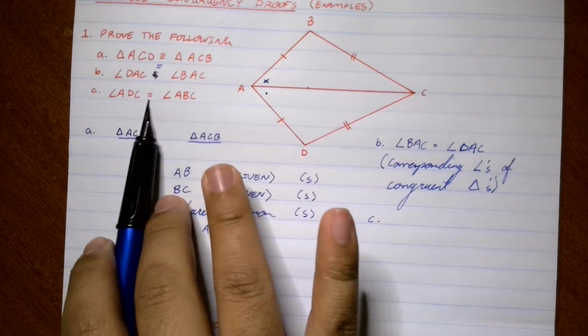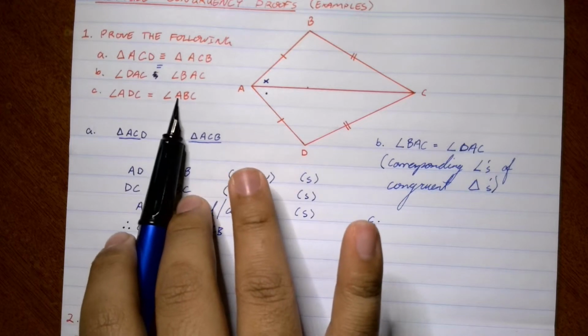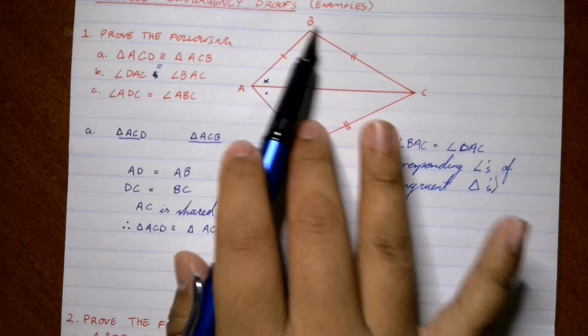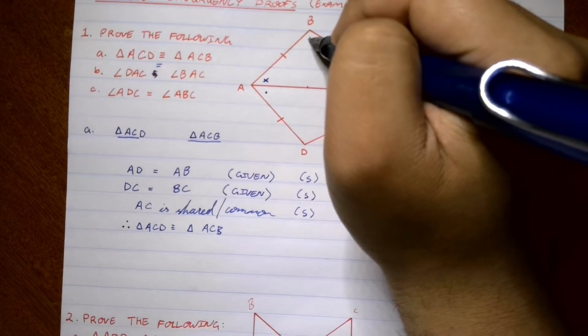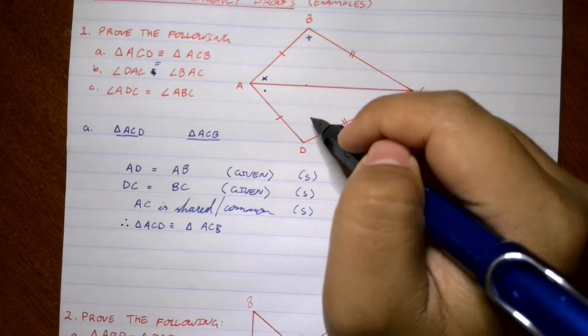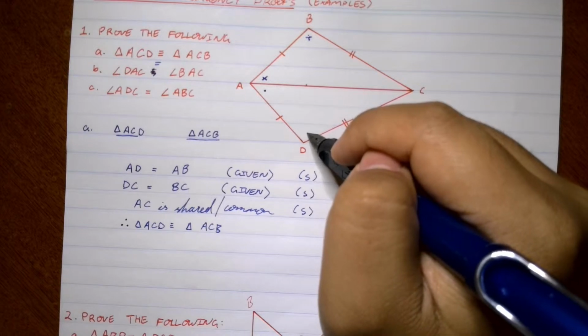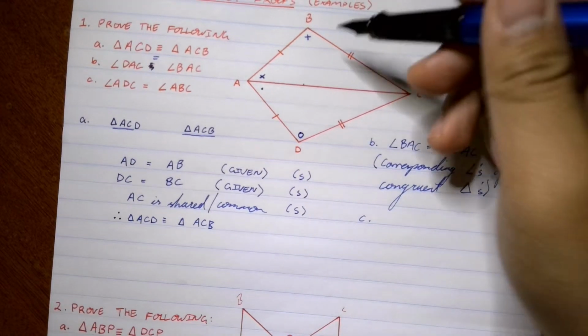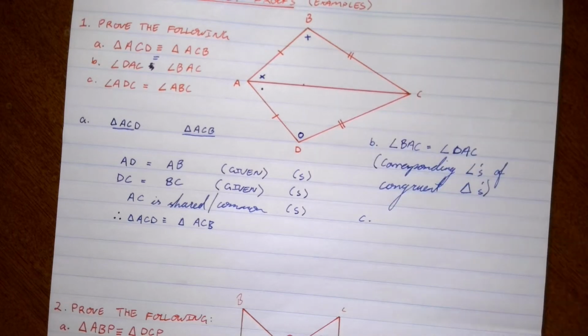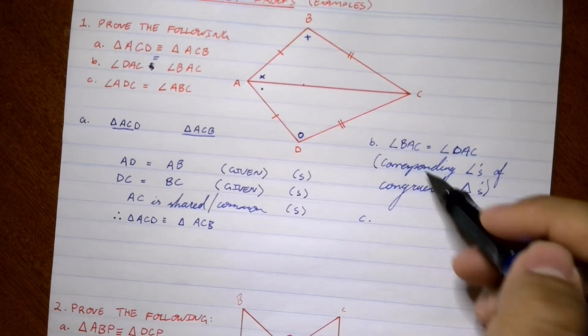ADC is equal to angle ABC. So let me mark those again. I'll mark this with a plus, and this one with a blank circle. We want to prove these two angles are equal. Well, it's actually the exact same reasoning.